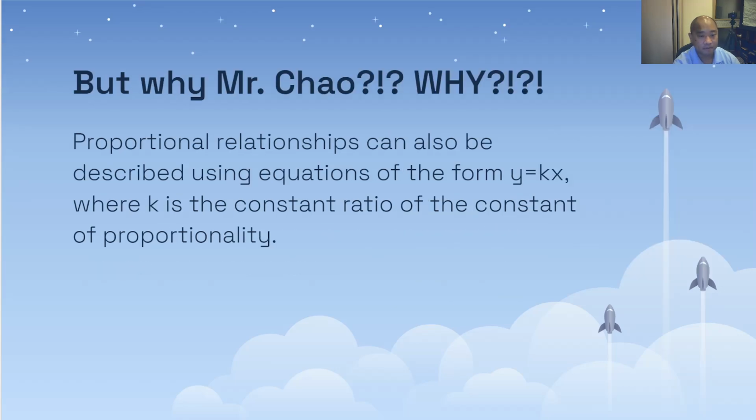Okay. But why, Mr. Chow? Why are we doing this? Well, proportional relationships can often be used to describe real-life situations. In fact, all of these that we've looked at have been real-life situations, right? And we can use an equation to describe the situation. Y equals kx.